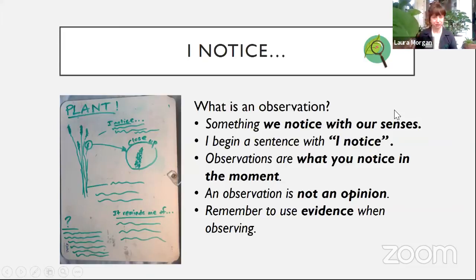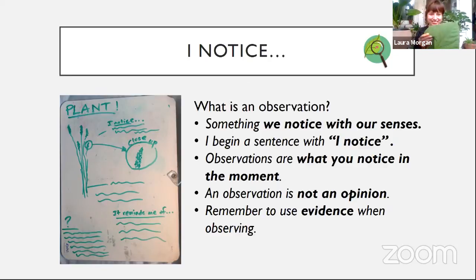Now, what is an observation? This is kind of a tricky thing, right? What is an observation anyway? When I talk about an observation, what I am talking about is something that we could use our senses to detect. Our senses are things like hearing, seeing, smelling, even tasting is a sense. We're not really going to do that today.